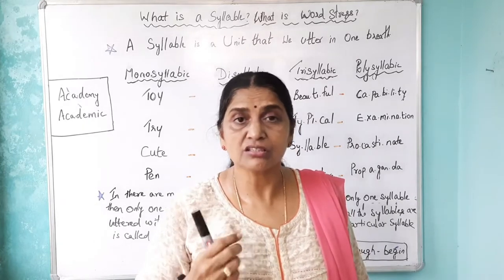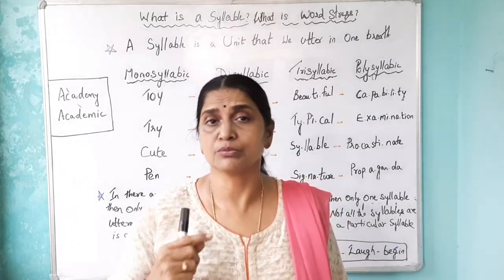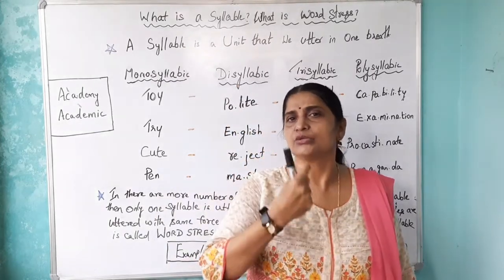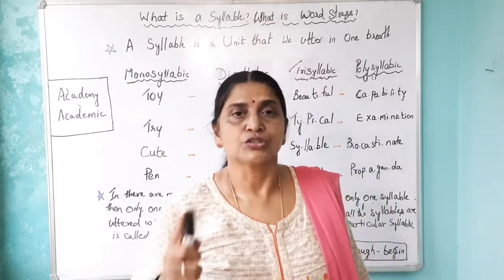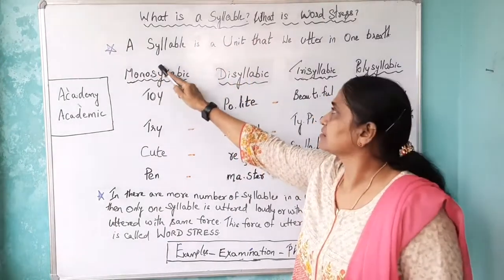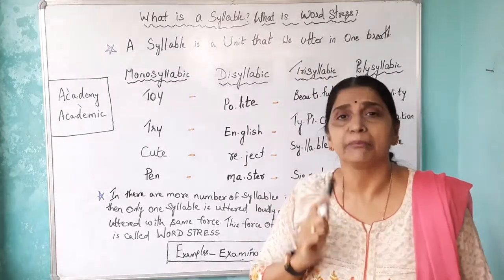Beautiful. You don't say it in one go. Beau, after that there is a gap because you utter with one breath. Beau, then ti, then ful. So this is what exactly we mean by syllable. So as I said, a syllable is a unit that we utter in one breath.